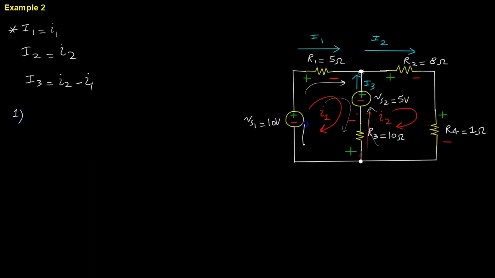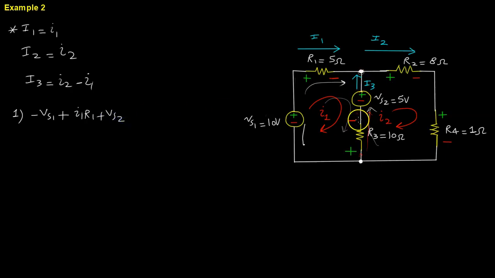So I start here and I go up clockwise. I see a negative 10. Let's go ahead and do it symbolically first. I see a negative VS1. I continue to go up and I see a positive R1 times I1, or in this case the mesh current I1. So I'm going to have I1 R1. Then I'm going to go down and I'm going to see a plus VS2.